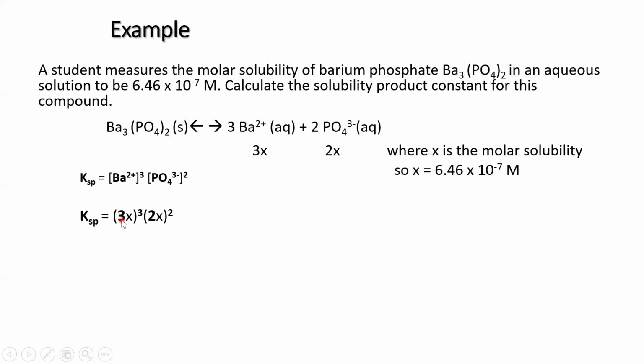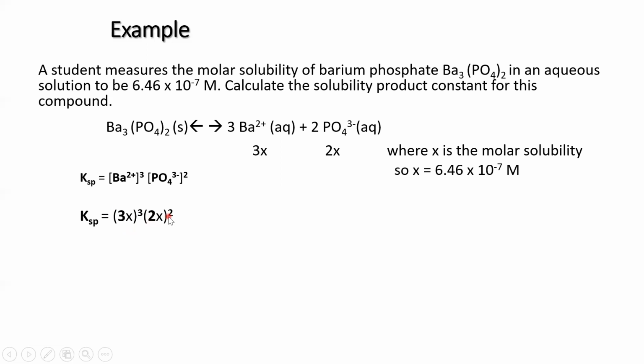Now, let's talk math-wise a little bit. If we've got the quantity 3x and we're going to cube it, that means we're going to cube the 3 and we're going to cube the x. So 3 times 3 is 9. 9 times 3 is 27. So 3x cubed equals 27x cubed.